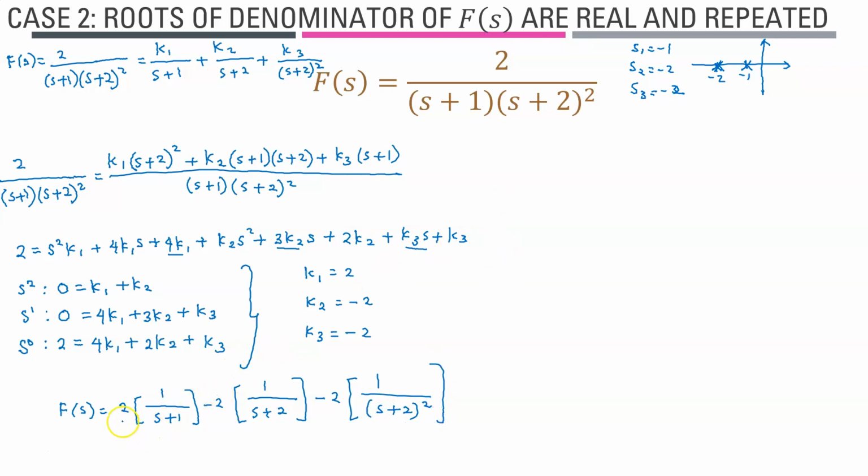If we do the inverse Laplace transform of this individually, you will get f of t. If you remember in the Laplace transform table, when you have e to the minus a t u(t), then the Laplace transform is 1 over s plus a.